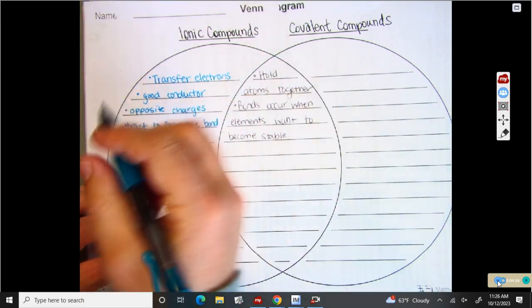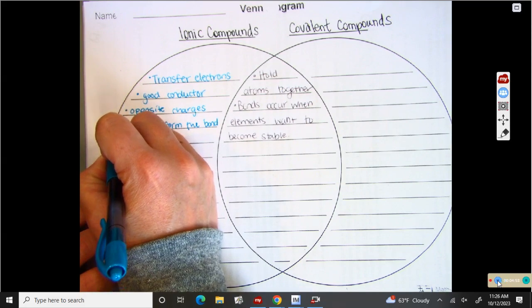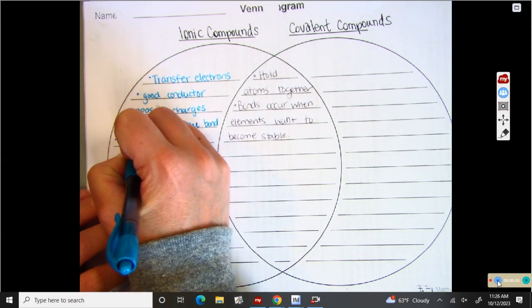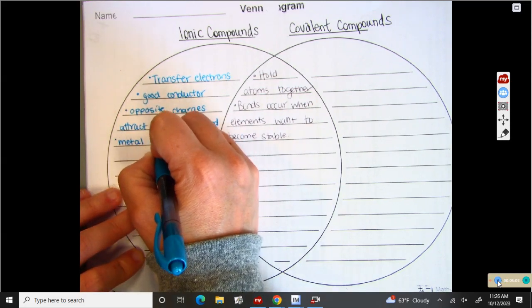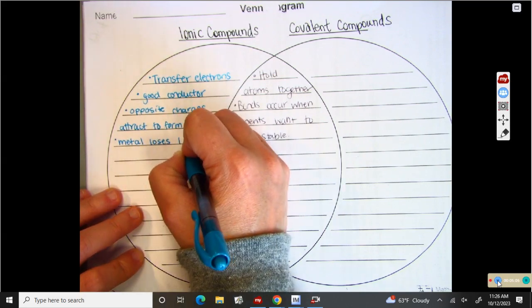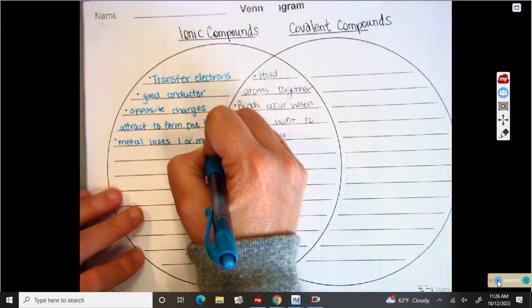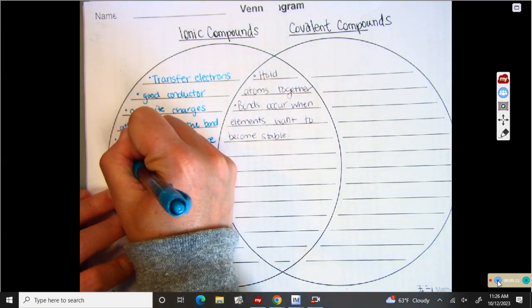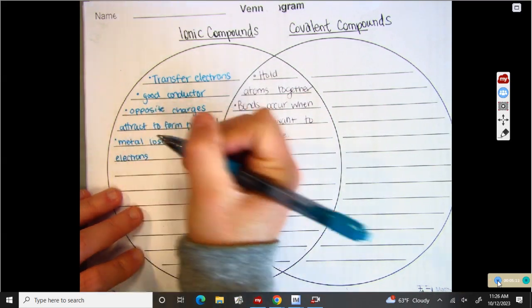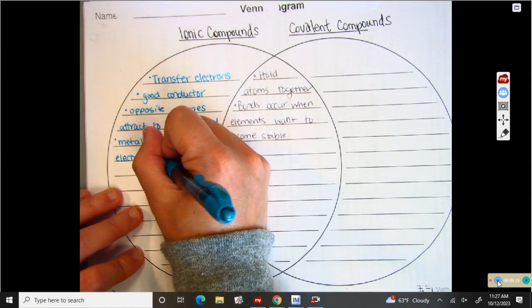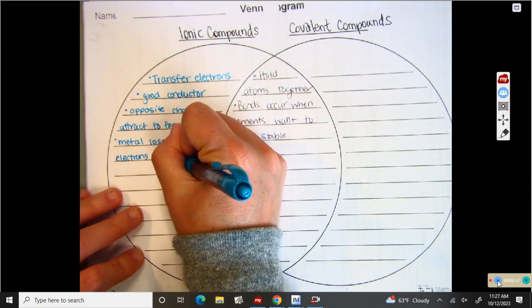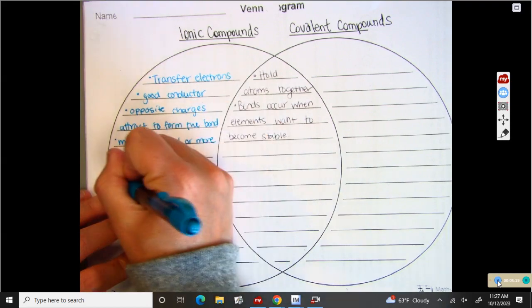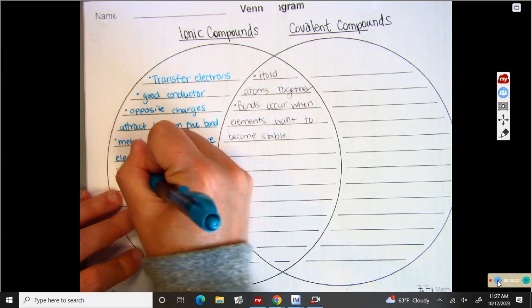All right, now what happens is our metal loses one or more electrons, and if it's in group 2, it'll lose 2 electrons to form the ionic bond.